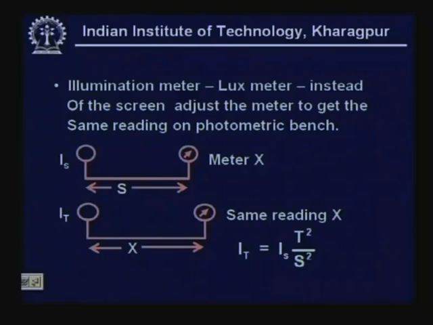in the first case, we have Is by s squared equal to x, and in the second case we have It by t squared equal to x.